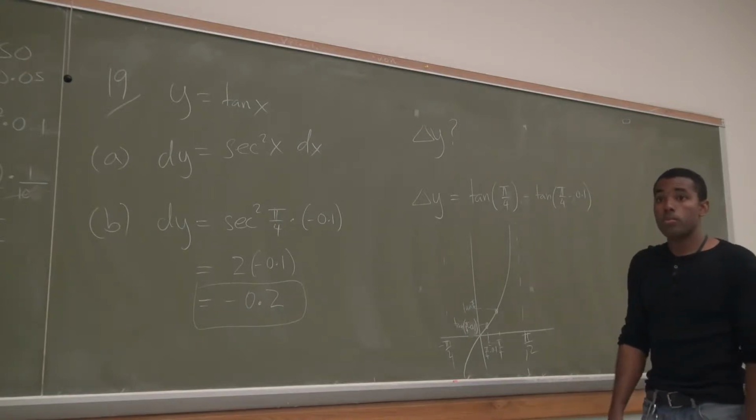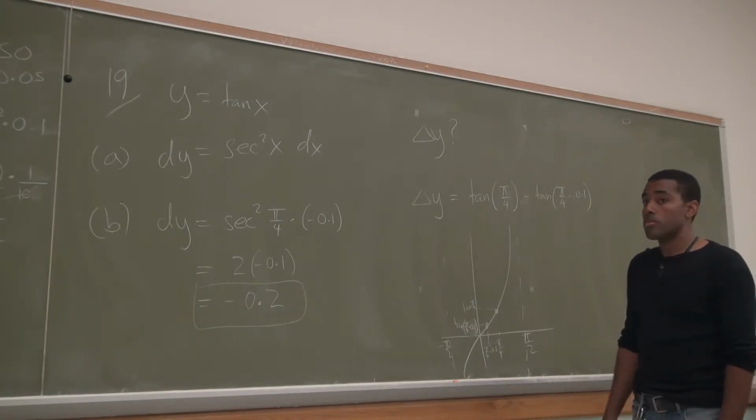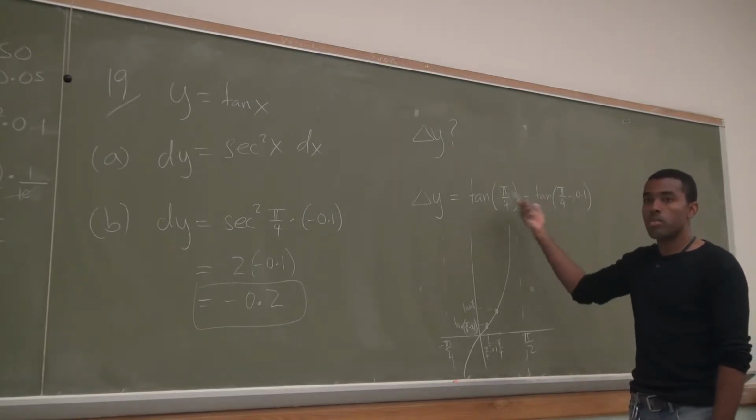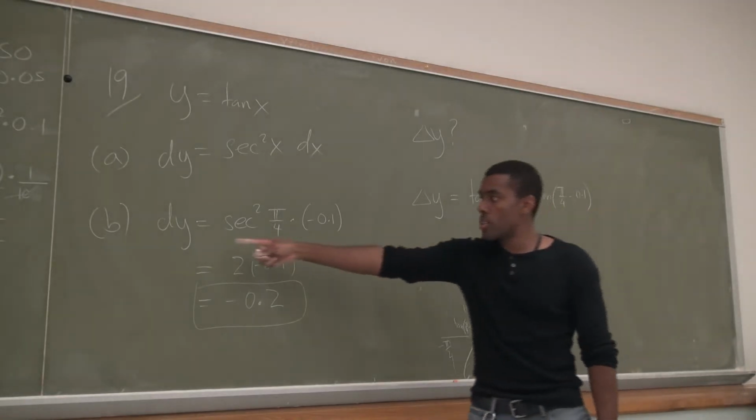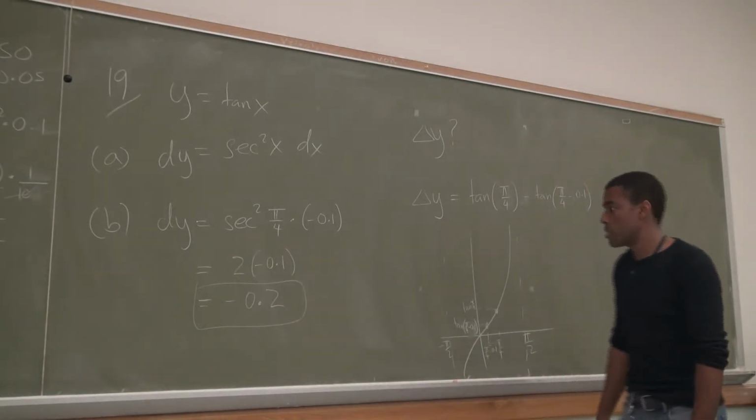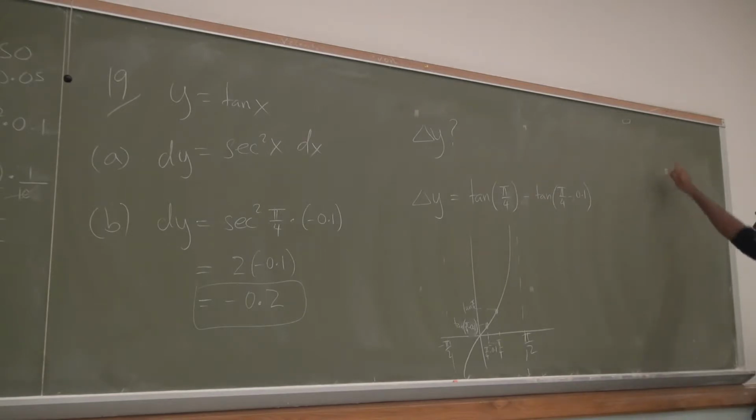Can you repeat how you got the values for changing y? It's the actual change in the function. Remember, dy is the approximated change using the tangent line. So to actually draw this on the picture, let's say here's pi over 4.